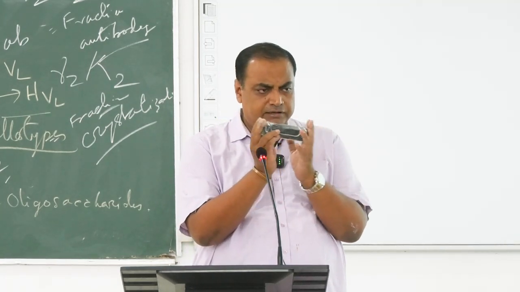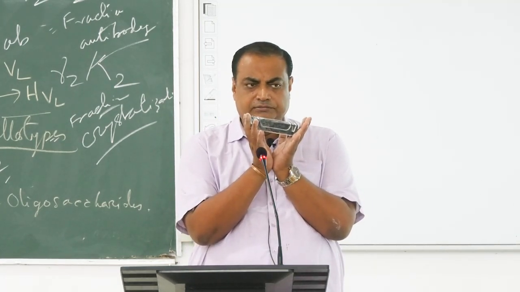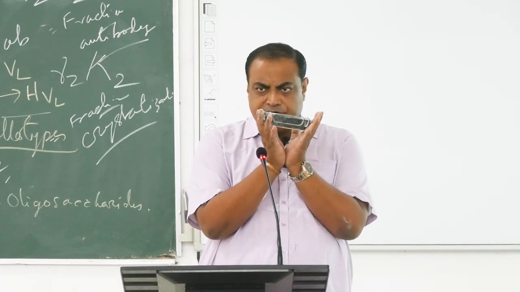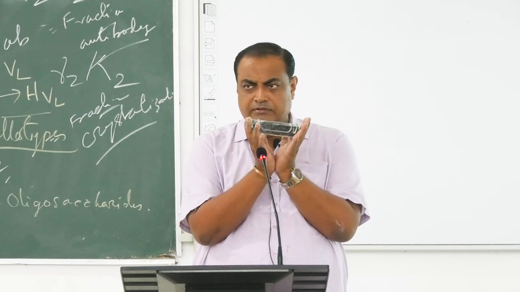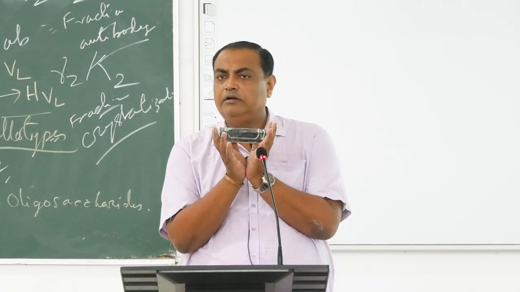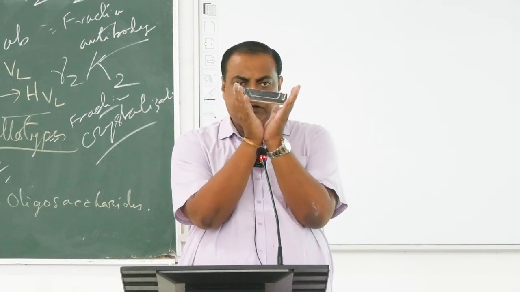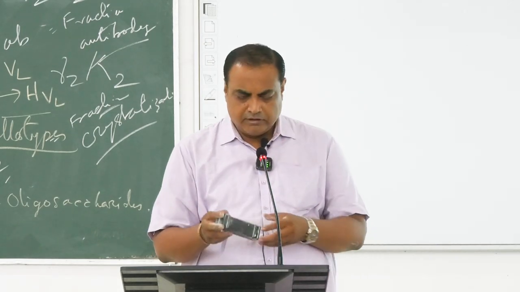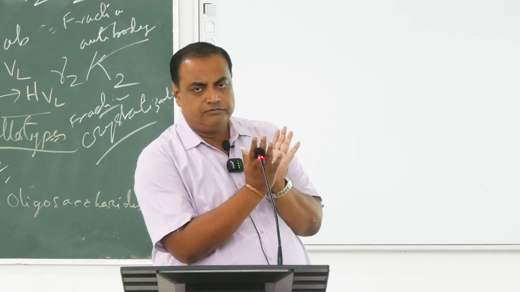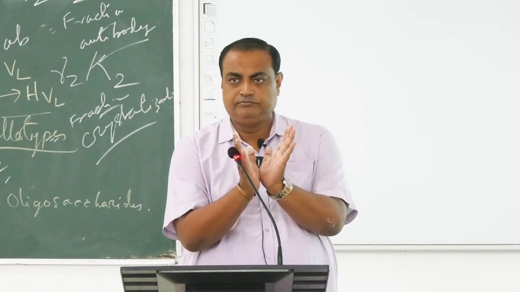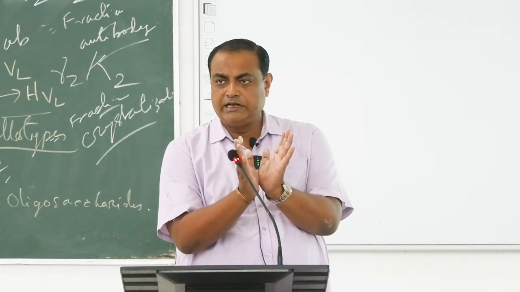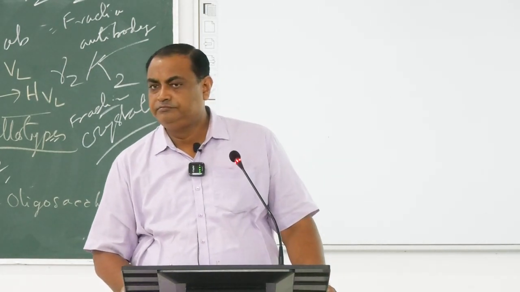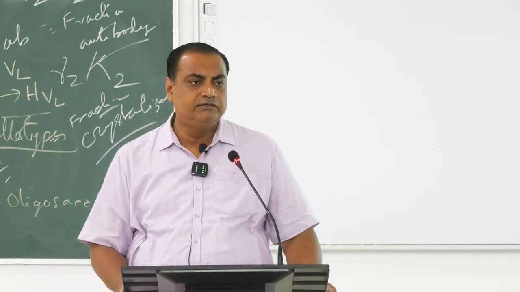This is an antigen and this is an antibody. Okay? Is this the concept you are having? Or it might be like this also. This is antigen. Which is correct?